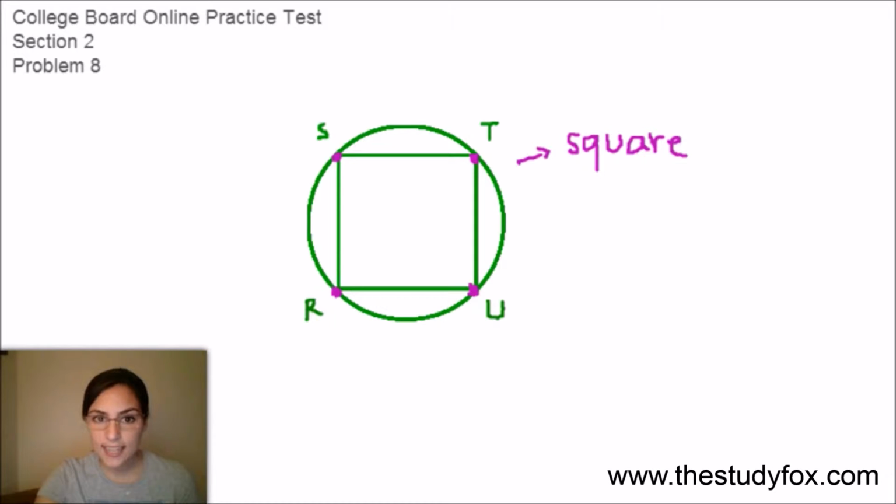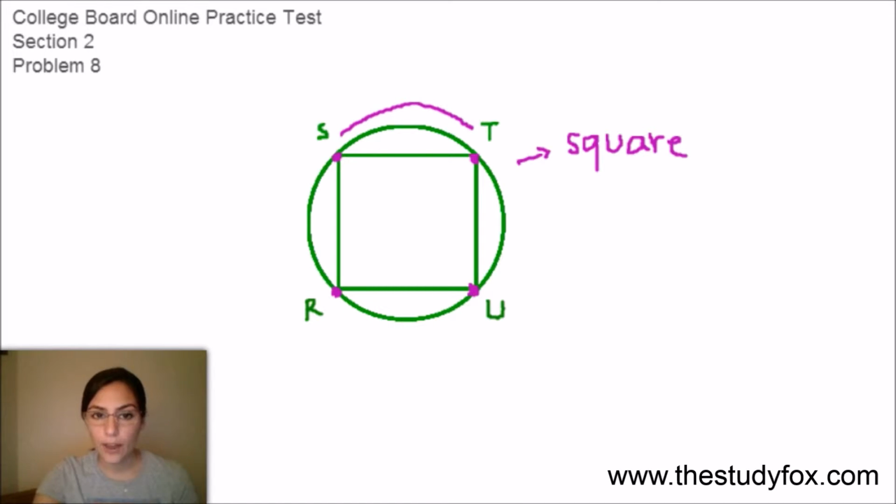Okay, and lastly, I want to call to your attention that the question is asking for the degree measure of this arc ST. So here's the arc, and we want to give our answer in degrees. Okay, so degrees. What do we know about degrees and circles? We know that circles all have 360 degrees, right?